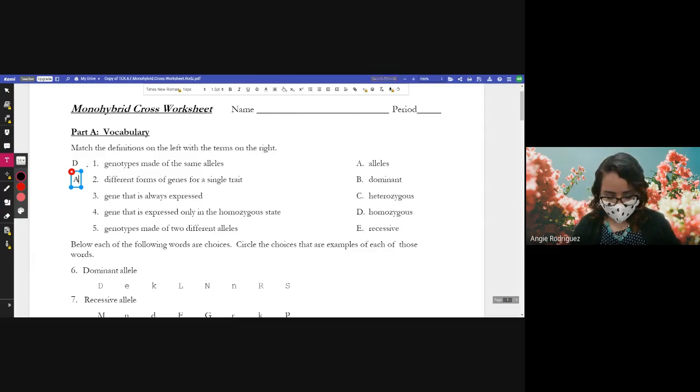So that one is A. All right, number 3, genes that are always expressed. E as in elephant? No, that was not correct. B as in baby is correct for number 3.